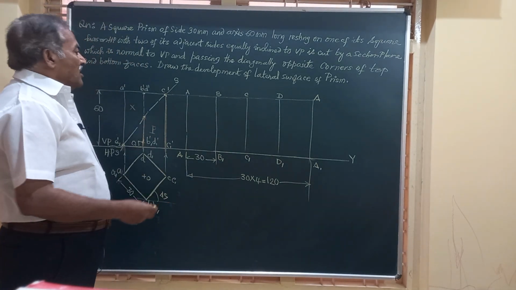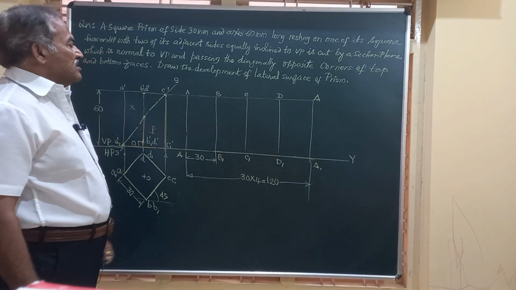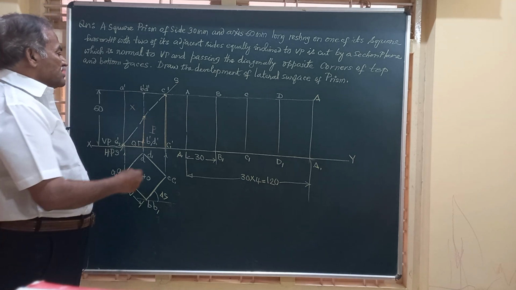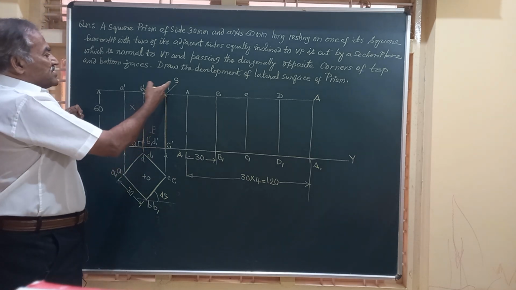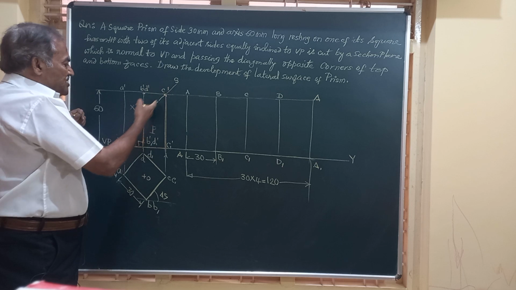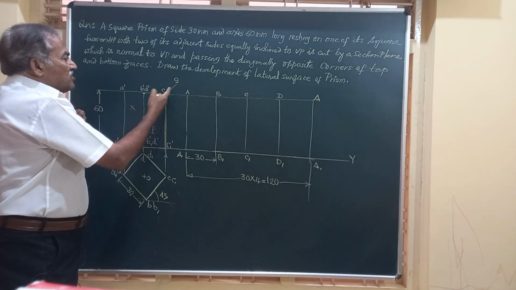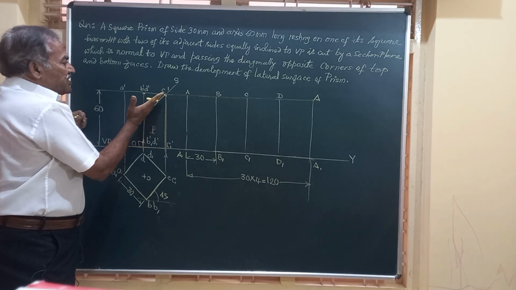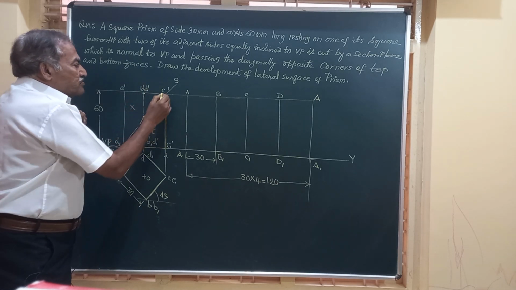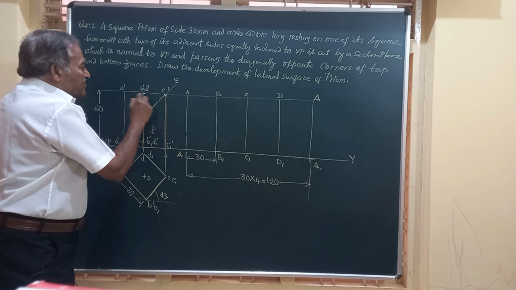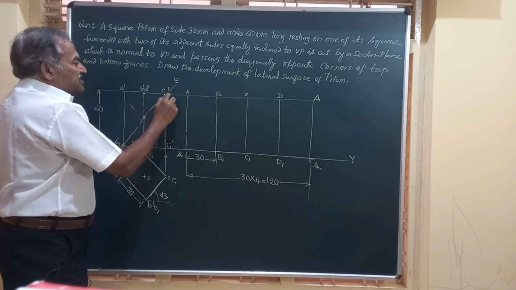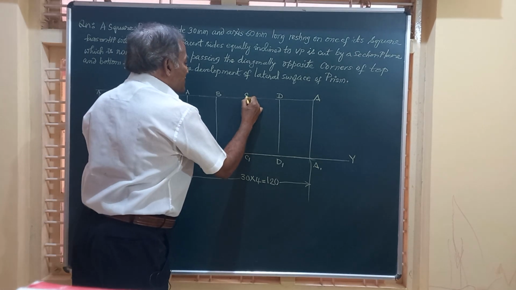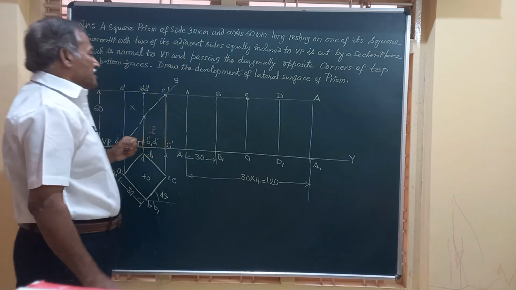Friends, after getting these lines marked, let us take these points where the section plane is cutting the solid, the prism. So the section plane, when it is inclined to HP and normal to VP, is passing through C of the top face, that is ABCD. So it is passing through C. We get a point here.